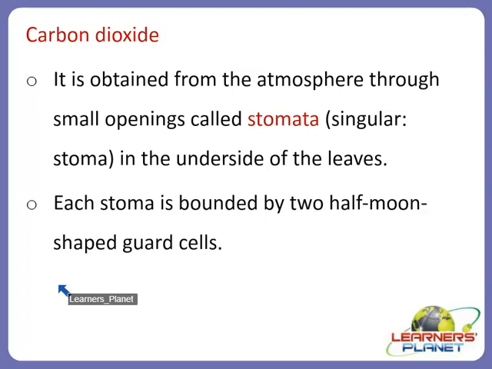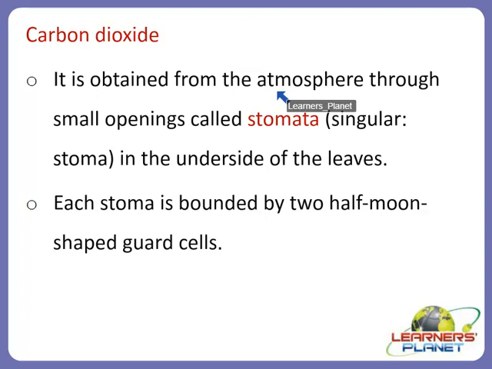And as we saw in the internal structure of a chloroplast, the chlorophyll acted as a green pigment. And here carbon dioxide is a gas which acts as a very important, necessary condition for the plant.